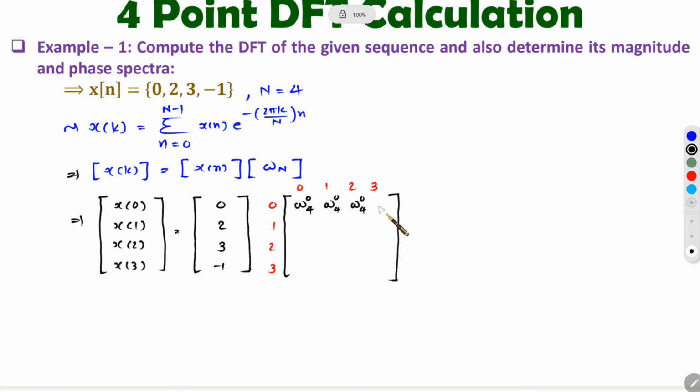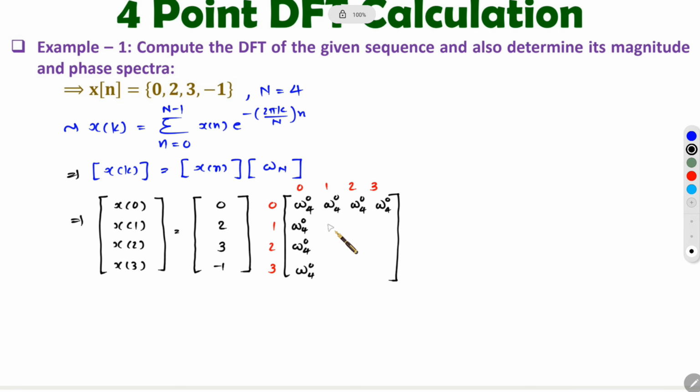And over here the weightage will be 0 into 3 means W4 to the power 0. Similarly, vertically over here we have W4 to the power 0. 1 into 0 means 0. Here W4 to the power 2 into 0 means 0. And over here W4 to the power 3 into 0 means 0.